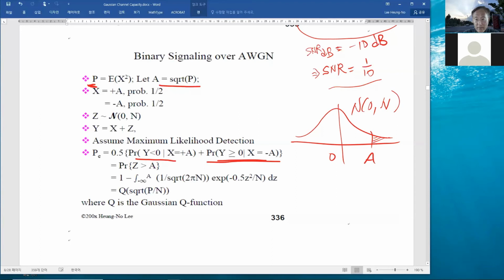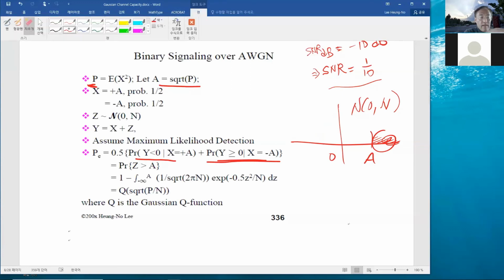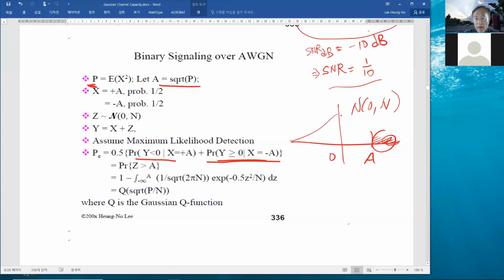And the error probability is this part. We can describe it this way with the PDF.